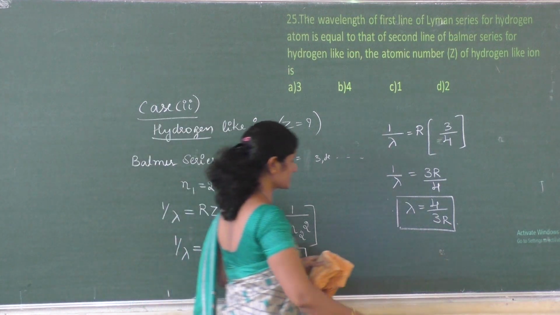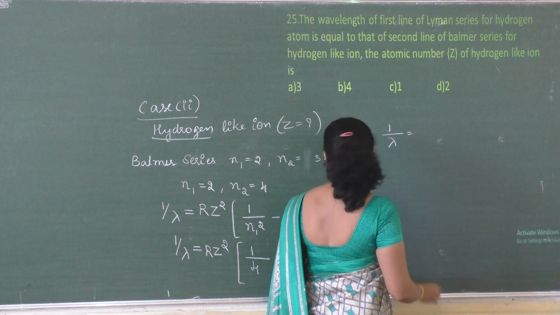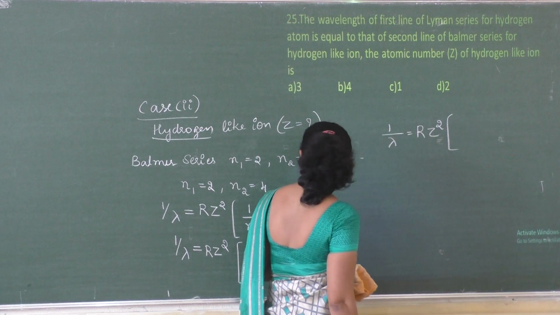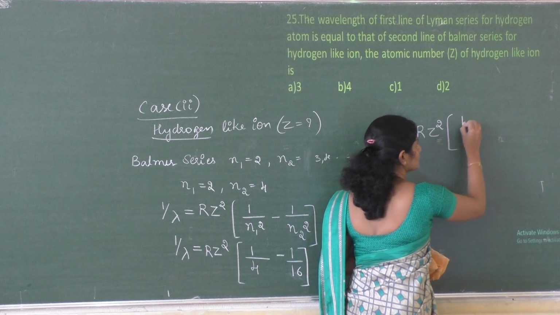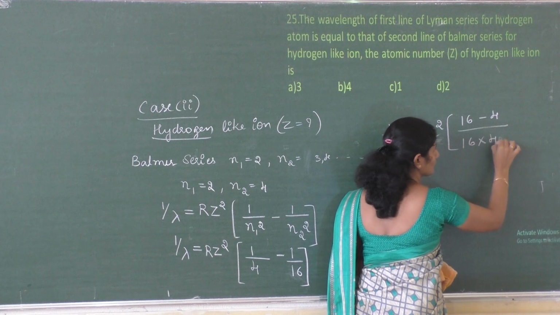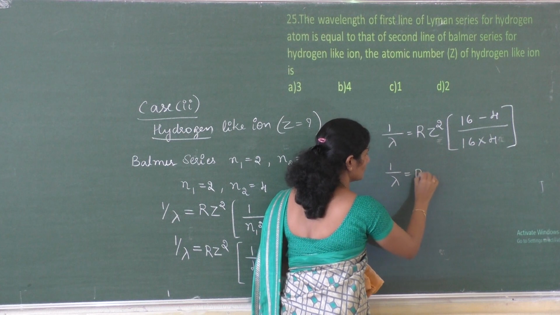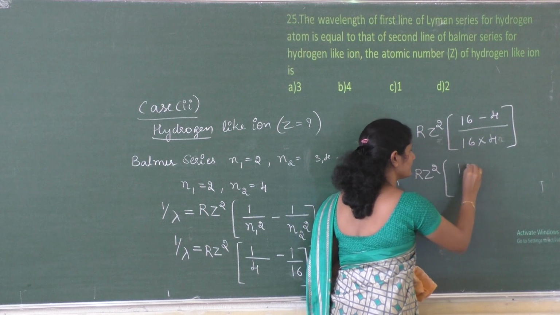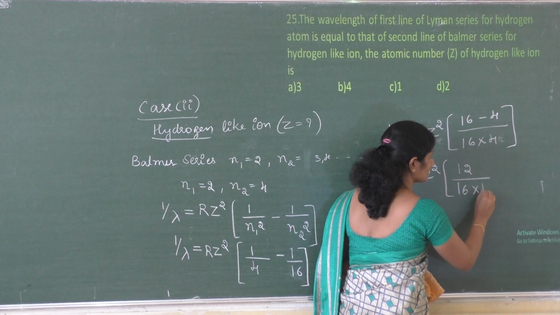So 1 by lambda is equal to r into z square into 1 by 4 minus 1 by 16, that is 16 minus 4 divided by 16 into 4. 16 minus 4 is 12, divided by 16 into 4.